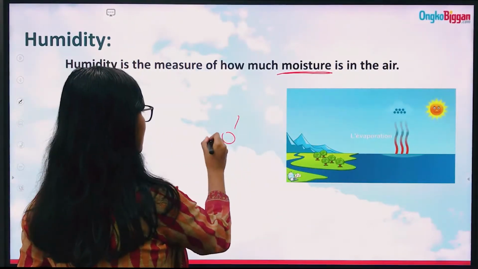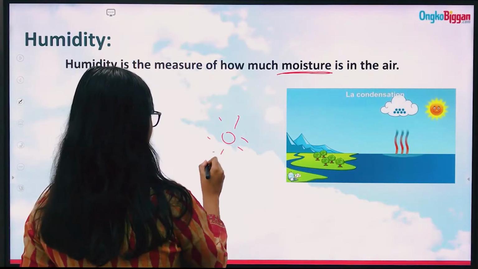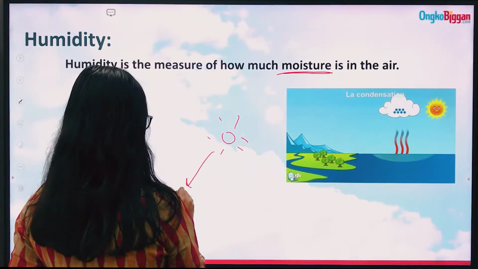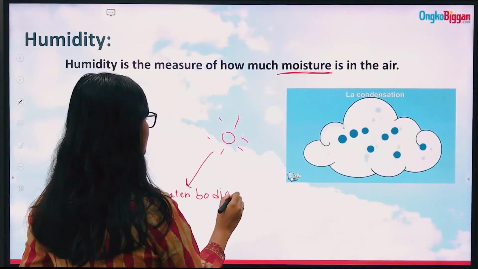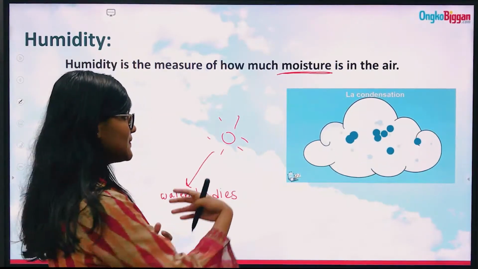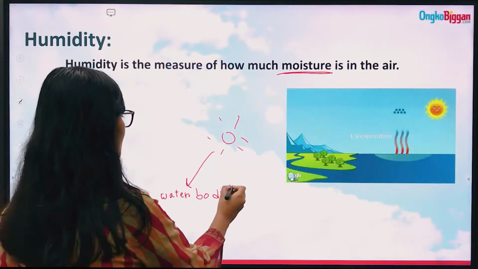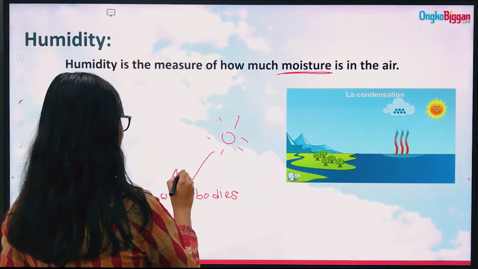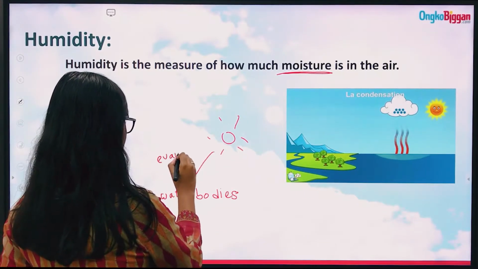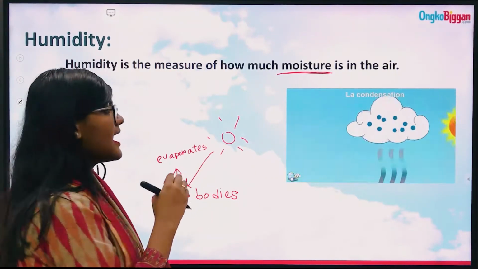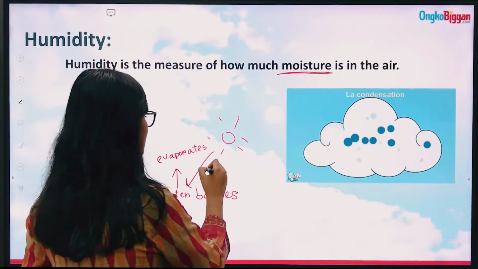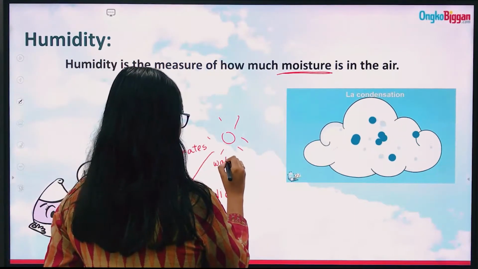So when the sun gives heat to the water bodies, due to the rising of temperature through the sunlight, some water droplets evaporate and accumulate in the air as water vapor.